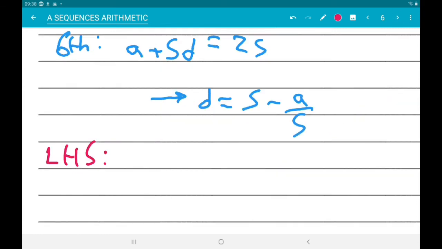So that's now 4a add 70 times 5 minus a over 5.